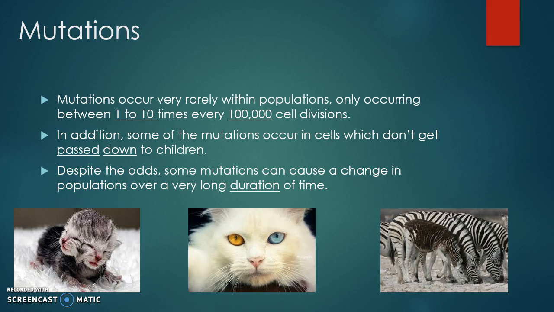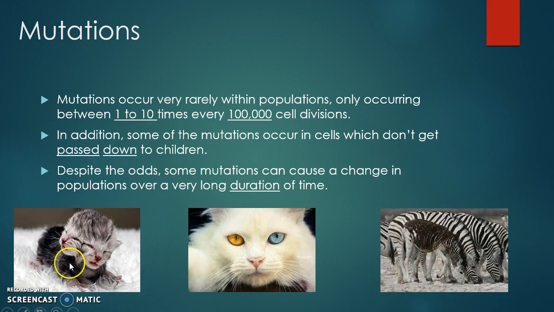When we have a mutation in a population, it adds a new allele, a new trait, into that population. And depending on whether that trait is beneficial or harmful, we might see that trait survive to the following generation and maybe spread due to natural selection.